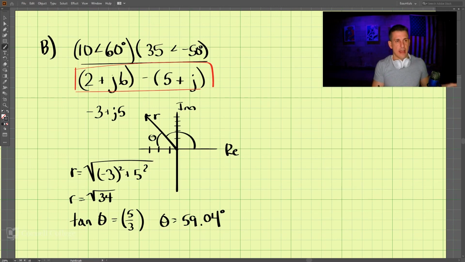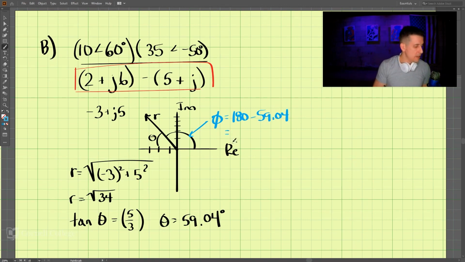But that's this angle. We actually want this one here. We want this angle, phi. And so that is going to be equal to 180 minus this 59.04. So that comes out to be 120.96. Okay.